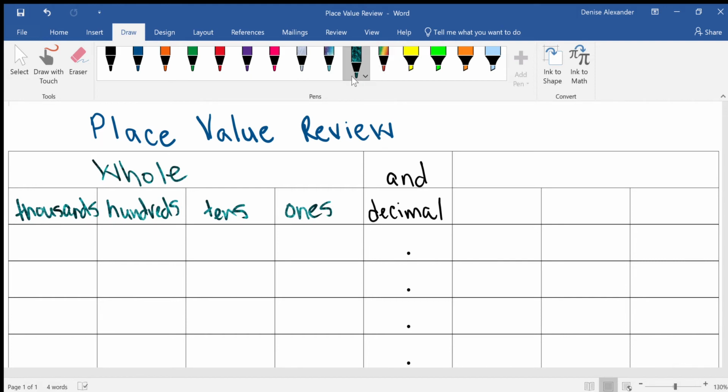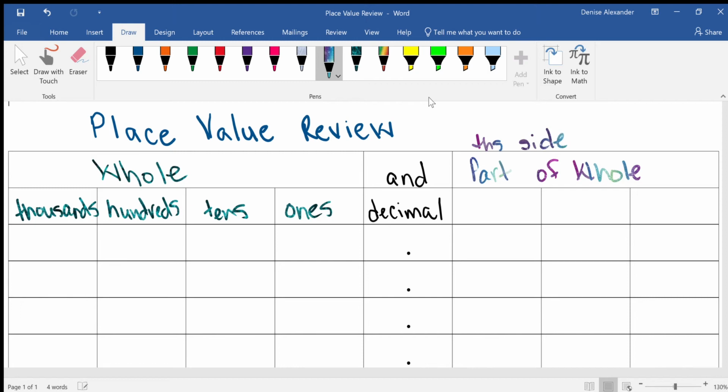And then on the other side of the decimal, you guys, is what I call part of our whole, because it is a partial. I also call this my THS side, because at the end of all my words, it's THS. So we start off with tenths.